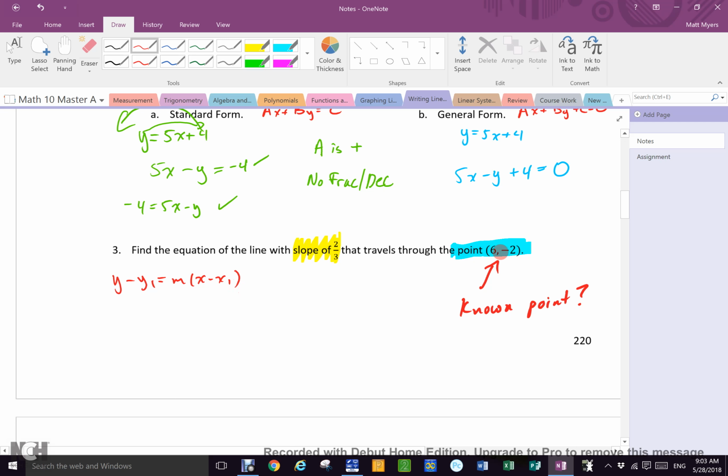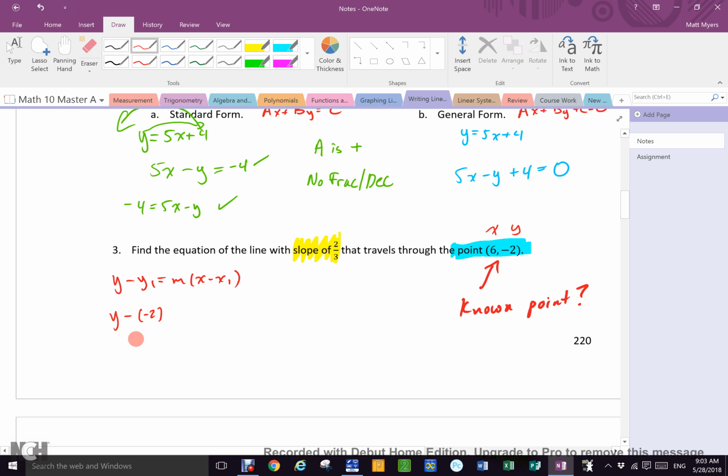Where can that point go? This one tricks you guys because there's two x's and two y's, and this is an x and a y. So where can we put those, the y1 and the x1? Right. So y minus what? Y minus negative 2. Now we wouldn't write it that way, would we? So plus 2.